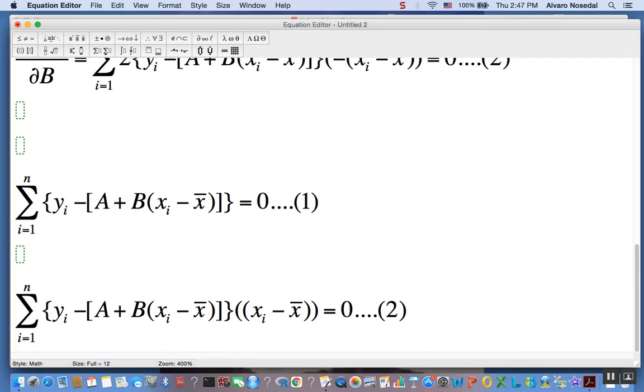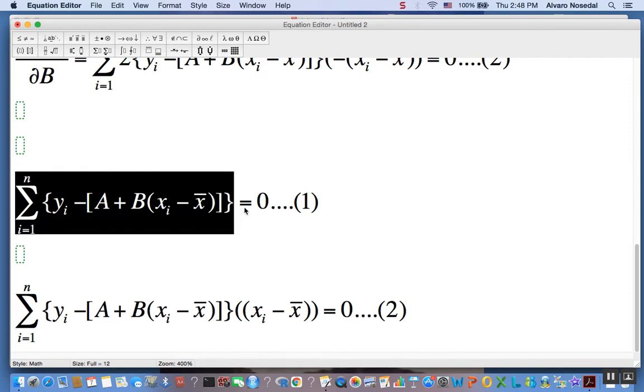Now let's try and do some algebra with the first equation, and let's try and solve for uppercase A. Okay? So here we are.